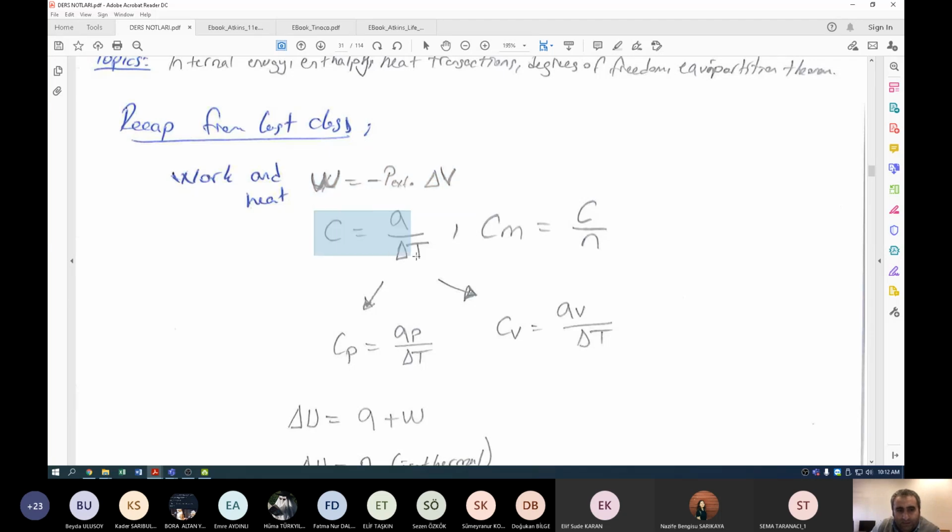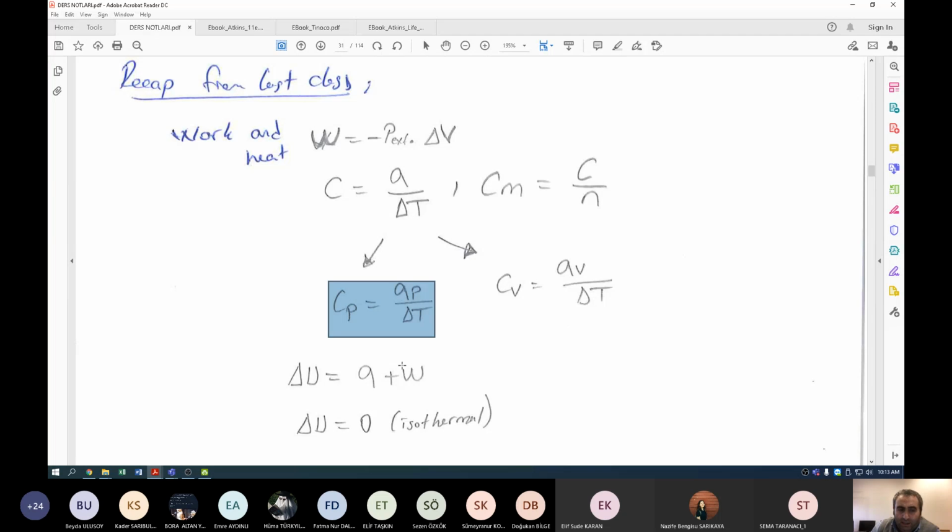And C is given by this formula. C can be Cp or Cv, as we discussed. If it is Cp, it means Qp, the heat gained by the system at constant pressure over delta T. And this is the heat gained by the system at constant volume.